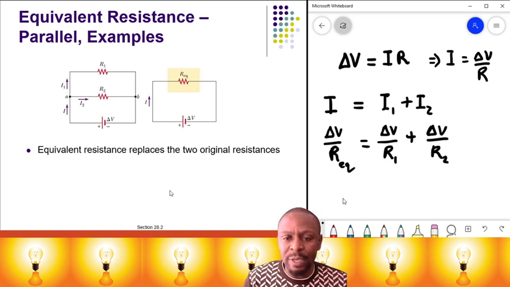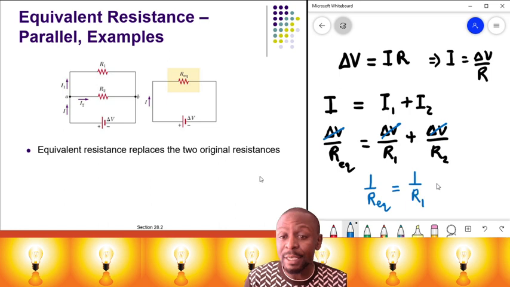Now in that case, because this change in V is just the same, they will just cancel. As a result, you will just be left with 1 over R equivalent for resistors connected in parallel is just going to be equal to this.